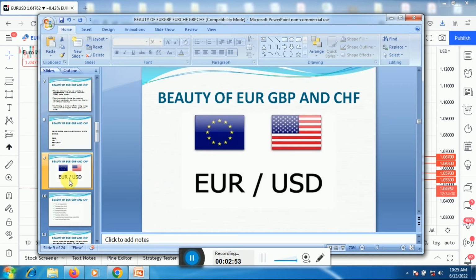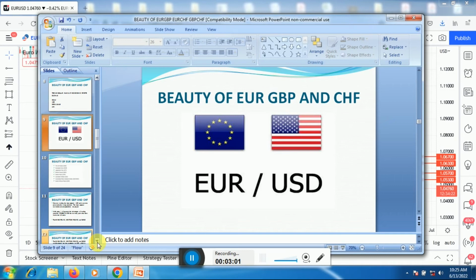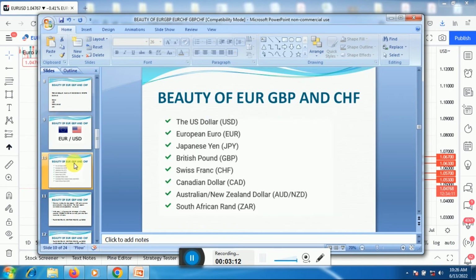If we're looking at EURUSD, Euro dollar is the most traded and most popular currency pair in the world. Almost everyone who has traded the markets, or specifically the forex markets, has traded EURUSD sometime. There are also other currency pairs that are regarded as major currency pairs.